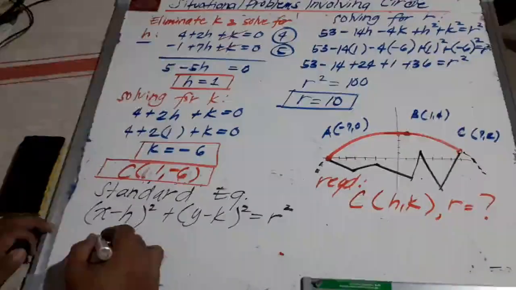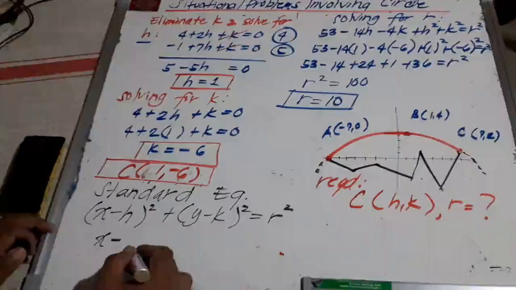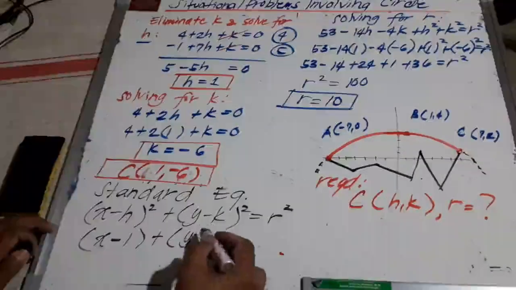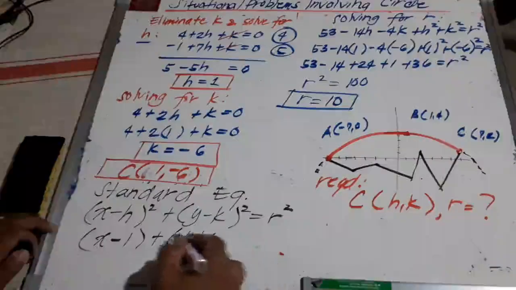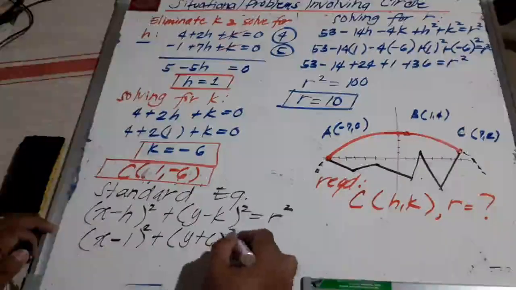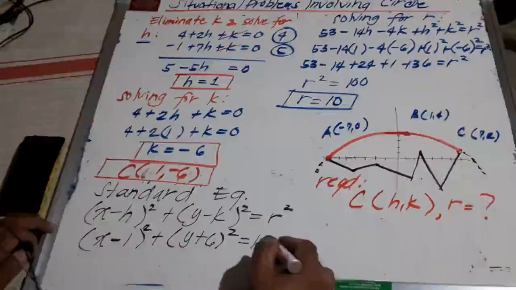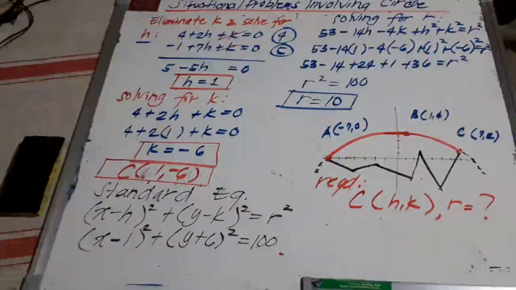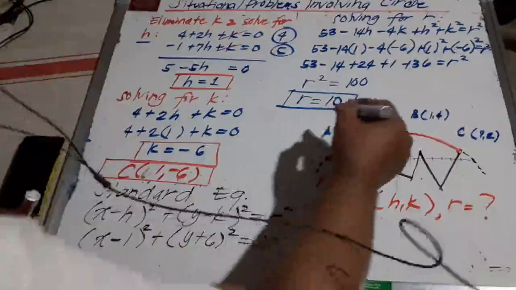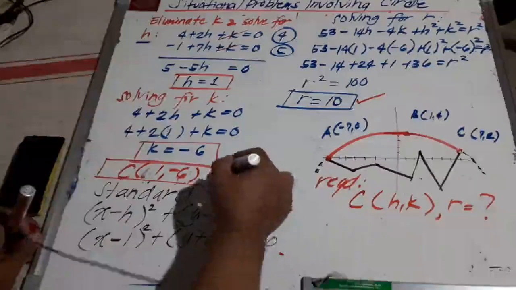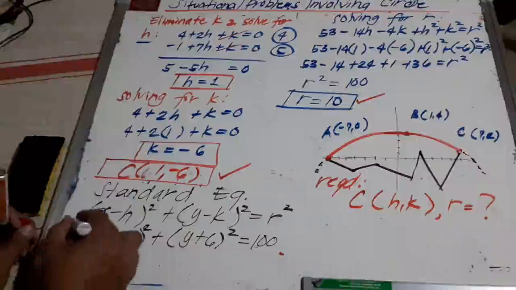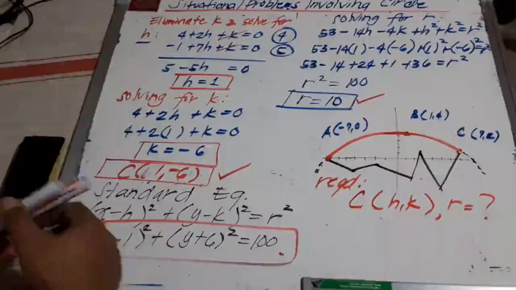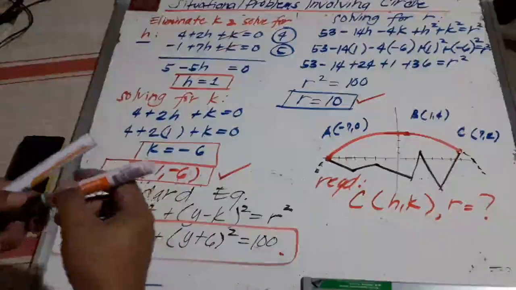Substitute natin yung h and k. We have (x minus 1) squared plus (y minus negative 6) squared, so that will become (y plus 6) squared equals r squared, which is 100. So this is the answer to the problem. We have the radius, we have the center, and we have the standard equation of this circle para dun sa ating plate.